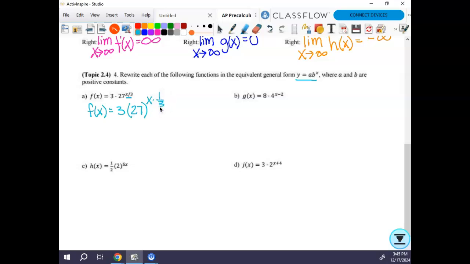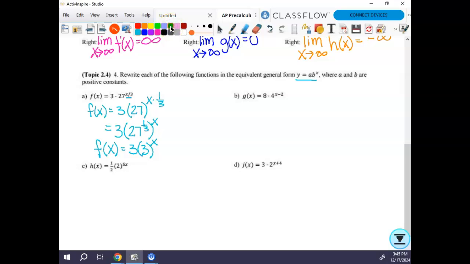That's basically what's happening there. And then to undo our power to a power, we can do 3 times 27 to the 1/3 power to the x power. Well, 27 to the 1/3 power is the cube root. So we get f of x is equal to 3 times 3 to the x power.